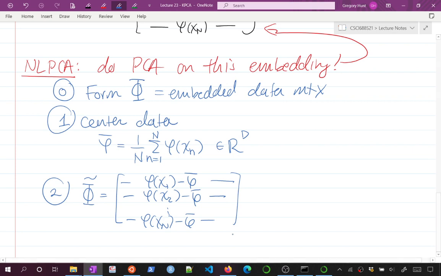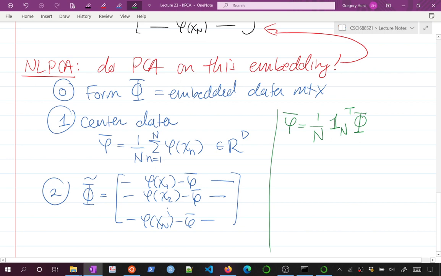As an aside, as I pointed out a little bit before, phi bar can be written as 1 over n times the inner product between a vector of all ones, let's call it 1n, and our data matrix phi.